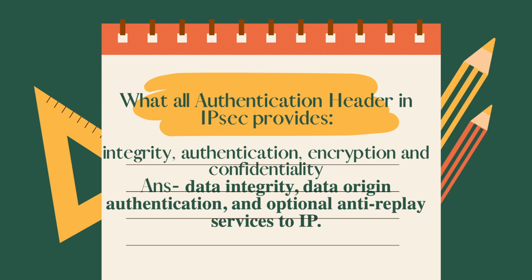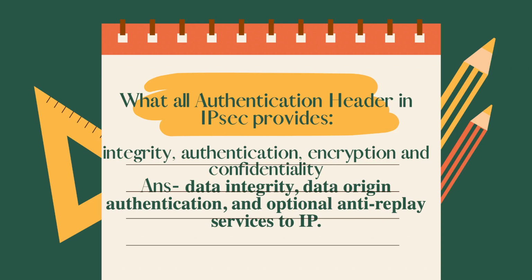So the right answer should be integrity and authentication, both of these. That is what happens in the case of this header in IPsec. Neither confidentiality nor encryption should be there.